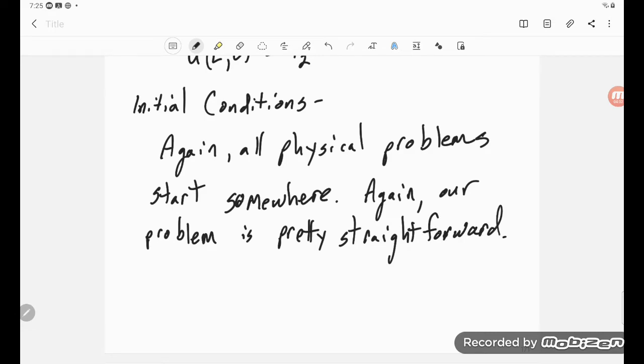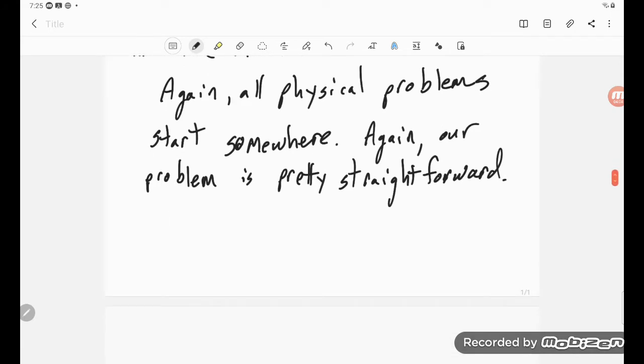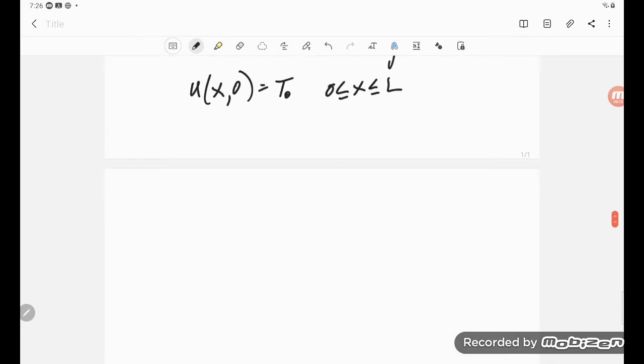In this case, we start with the rod, everything's at temperature T0, so I would write that as U of X at time 0 is just T0. And that's for all the X that we care about, so that's the length of the rod. And so we have that for our initial conditions.